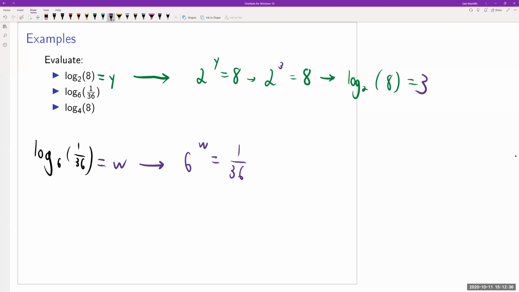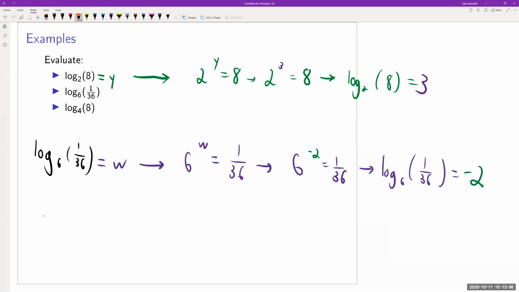Since this is a fraction, I know that I'm going to need a negative exponent because a negative exponent creates a fraction. So that will mean that 6 to the power of negative 2 is what we're looking for here, which means that log base 6 of 1/36 is equal to that negative 2.